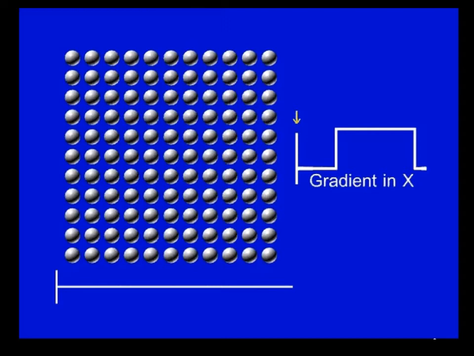And what you'll see is a formation of stripe patterns across the image. When the gradient is initially applied, there's just a low frequency of stripe patterns across the image, but at the completion of the gradient, you'll see that there's a complete stripe pattern across the whole image. Let's watch this animation.